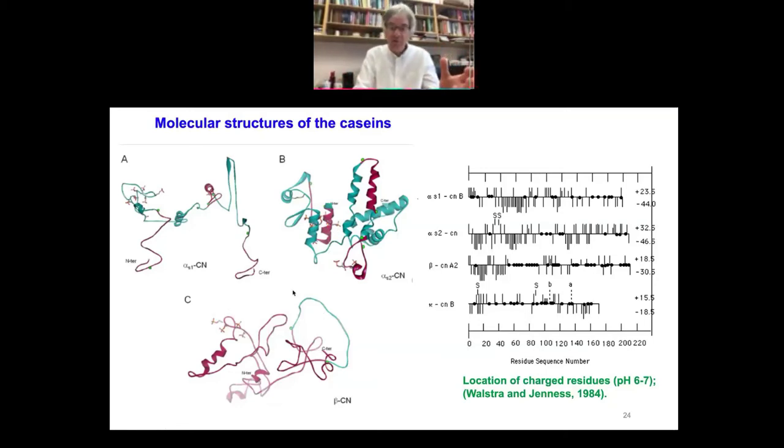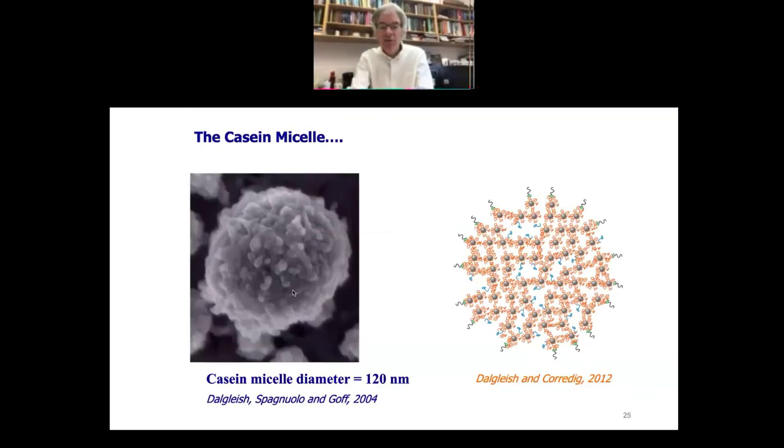They have large hydrophobic regions, and they have regions that are quite highly charged. And as a result of that, the hydrophobic regions can absorb and stabilize the surface, and the charged regions can act as really good stabilizing layers out into that aqueous phase. All those casein molecules get packed into a casein micelle in nature, and they do so through calcium phosphate. It's nature's way of carrying high levels of calcium to the neonate of mammalian species.